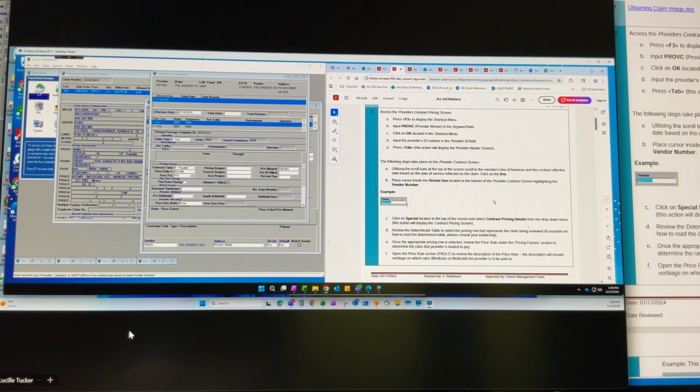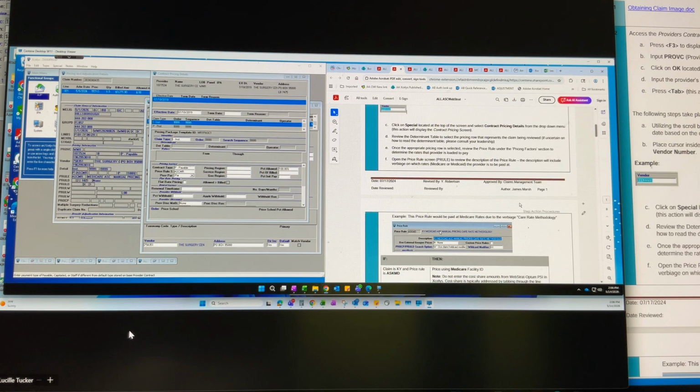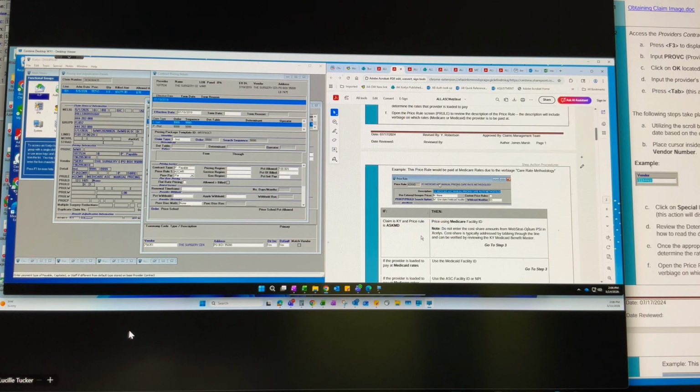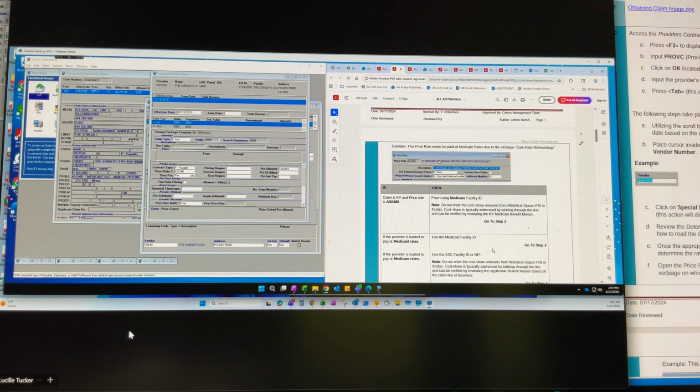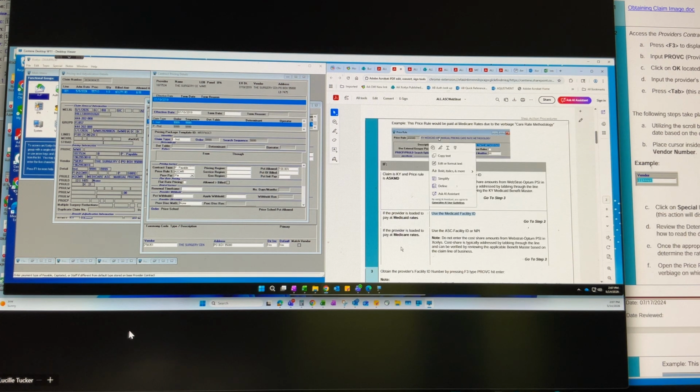And that's what I'm doing here in step 2. So it's asking us if the claim is Kentucky and price rules ASKMD. If the provider is loaded to pay Medicaid rates, we would use the Medicaid facility ID. If the provider is loaded to pay at Medicare rates, we need to find the ASC facility ID or the MPI, okay?